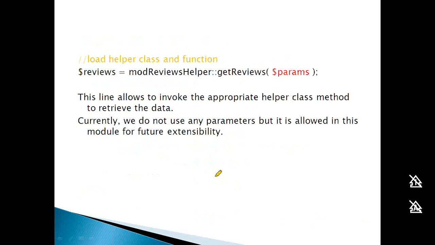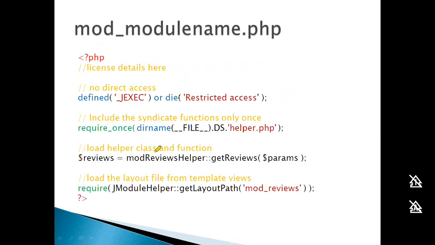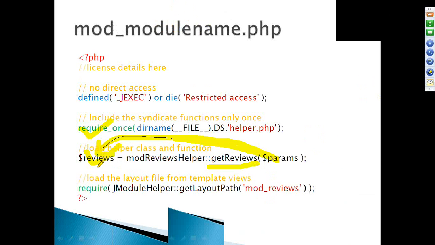So if I go a little bit back again, you'll see that here the helper file is loaded. You invoke the function here, so the value is transferred. When this function is called, the value will be returned as I am a happy user, and this value will be transferred into the $reviews variable.